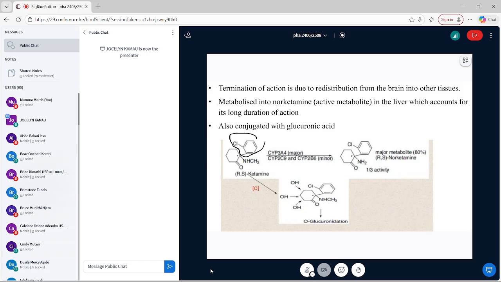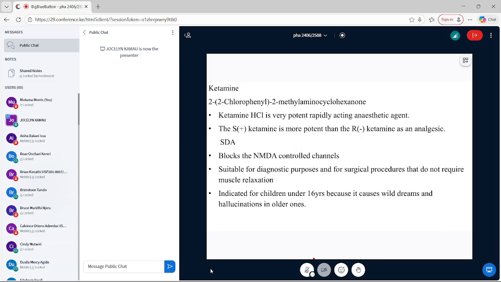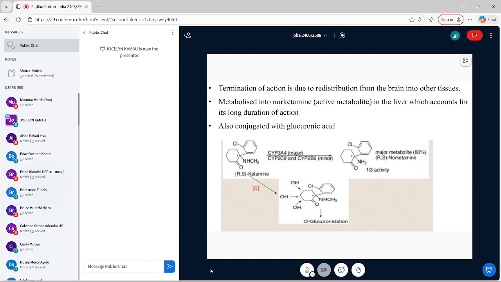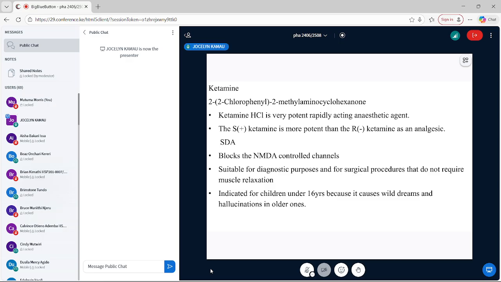We look at the name, we are saying position 2 and then 2-chloro. This is our position 2 here. We start from position 1, position 2 there, position 3 there, position 4, and so on. So this is position 1, and that is position 2. Then we have a 2-chlorophenyl.